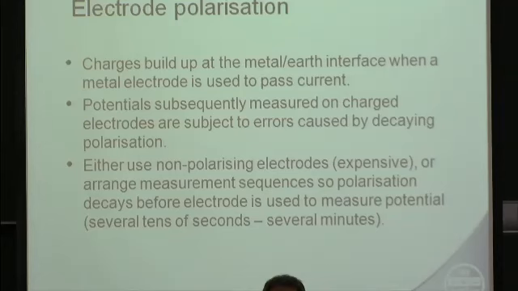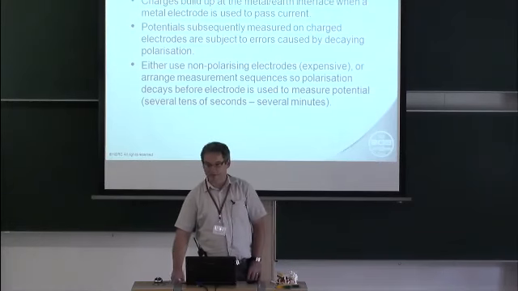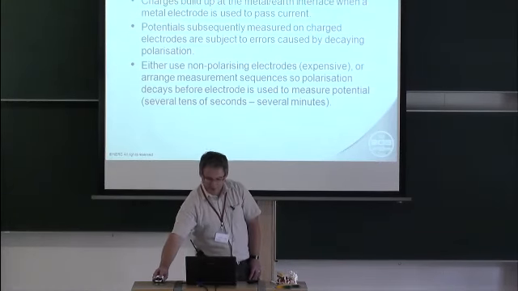There's 2 ways around it. You can either use non-polarizing electrodes, but they cost a lot of money, or you can try and arrange your measurement sequence so that you give the polarization a chance to decay before you use a charged electrode to later measure a potential. The decay times tend to be of the order of tens of seconds to a minute or 2.